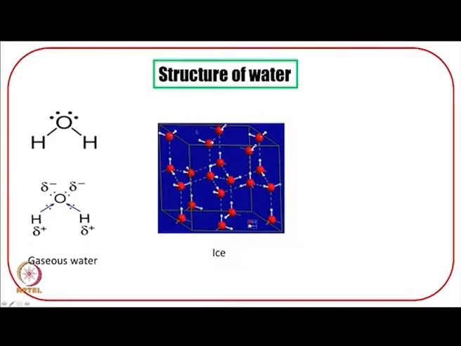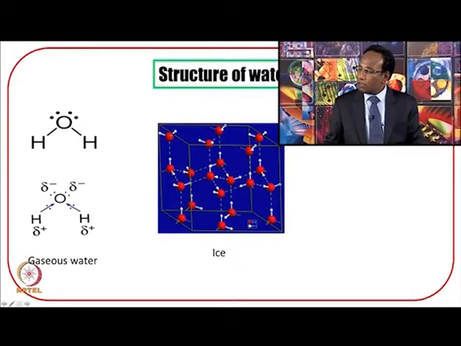You can see each oxygen is tetrahedrally surrounded by 4 other oxygens, and in between 2 oxygens there is hydrogen, which is bound either through a covalent bond or through a hydrogen bond. But I want you to appreciate the open structure of ice, which is a regular tetrahedral network structure.